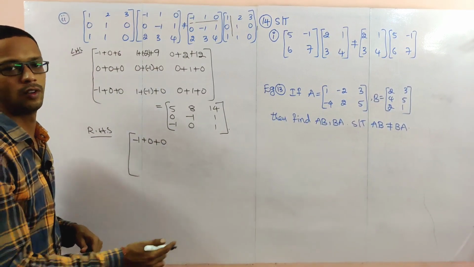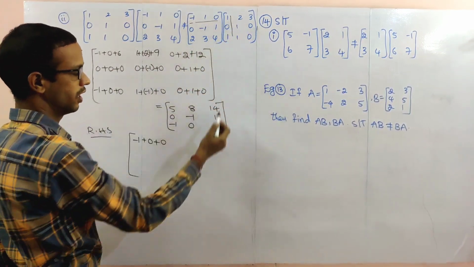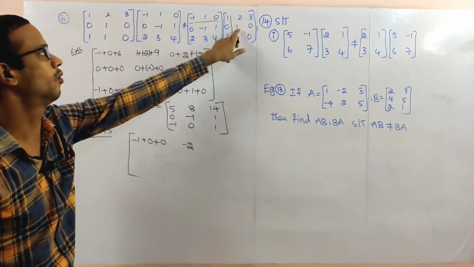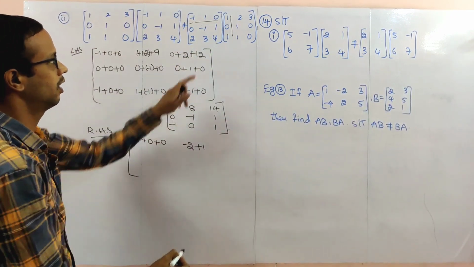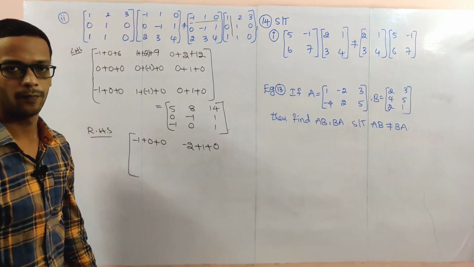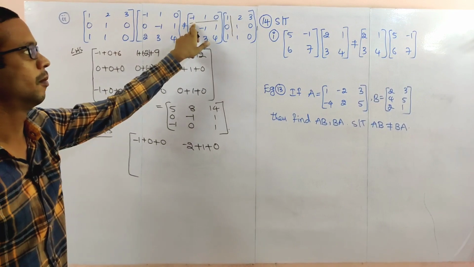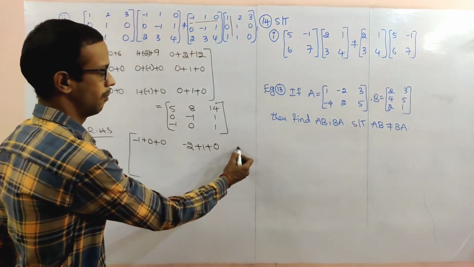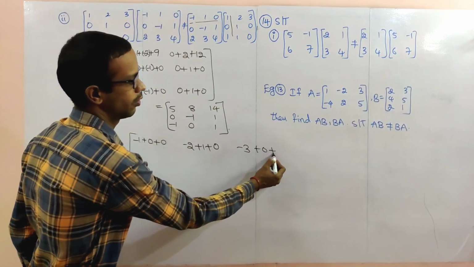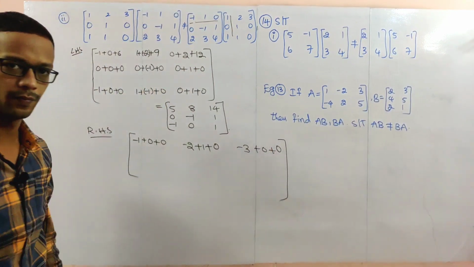First row, second column, you see: minus 1 into 2 is minus 2. 1 into 1 is plus 1. 0 into 1 is 0. Next, minus 1 into 3, minus 3. 1 into 0, 0. 0 into 0 is 0.